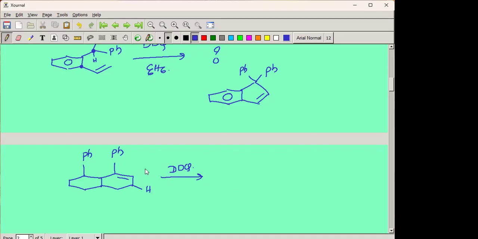In this case, the double bonded carbon is there, this hydrogen will be removed, the hydrogen ion. Now the double bond is formed here. Now another double bond is formed here. Like this the extension will be possible, hydrogen, the double bond. So aromatization will take place with how many DDQs? For this product, how many DDQs will be required?